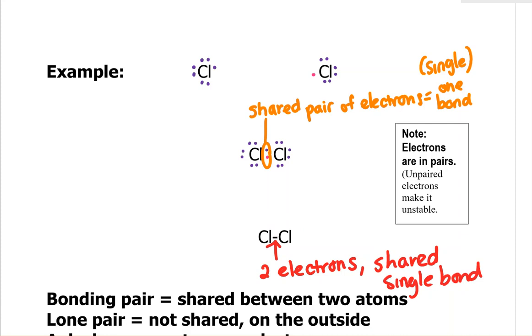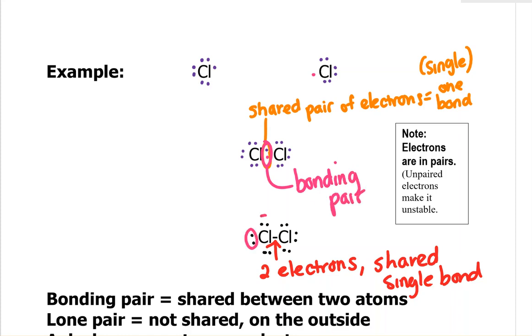Let me go ahead and add those. So I could show those out here. When you do your Lewis dot structures, we're going to draw all of those for now. Okay, this pair, we call that a bonding pair of electrons.